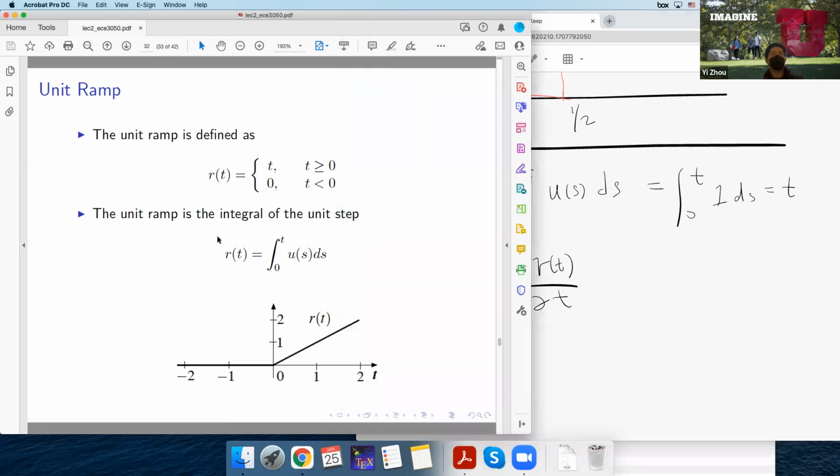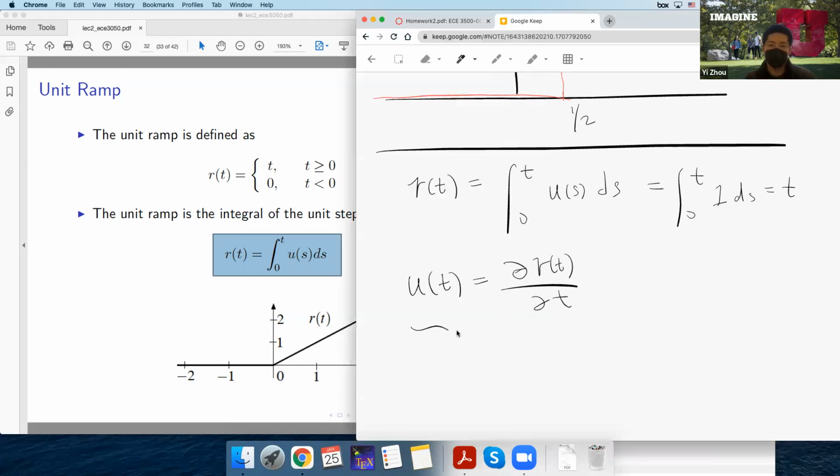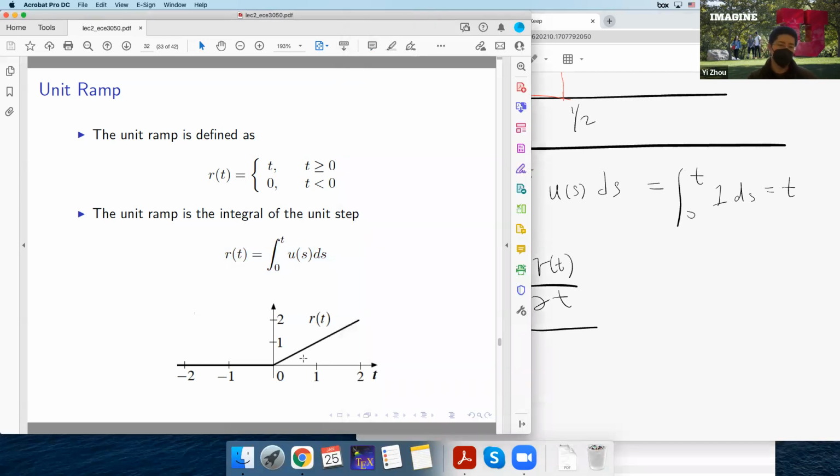By taking the derivative on both sides of this equation, you get this differential equation. So the unit step function is basically the derivative of this signal. You can verify that the derivative on the negative side is always 0. And then the derivative on the positive side, in this part, is always constant 1. Right? That corresponds to the unit step function.